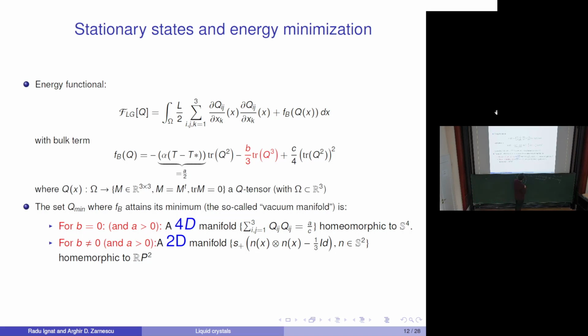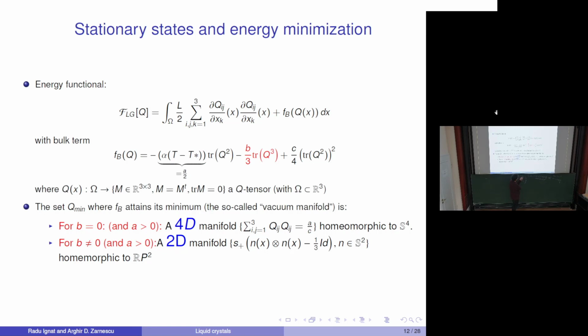Here the coefficient is a number that can be explicitly computed depending on a, b, and c, and n is a unit vector. So you get this uniaxial manifold. And you see, this looks like a convoluted way of writing S2 in terms of matrices.